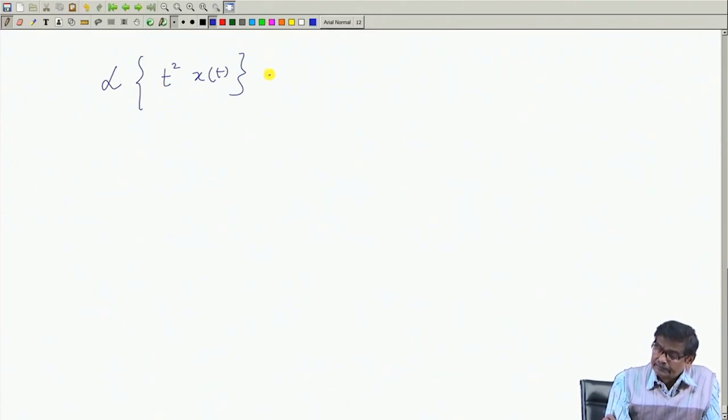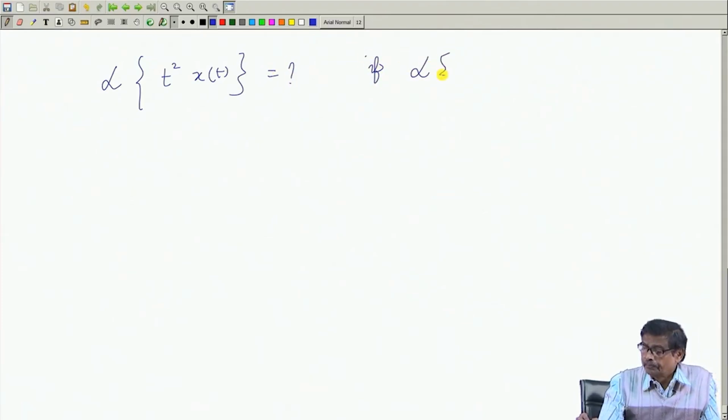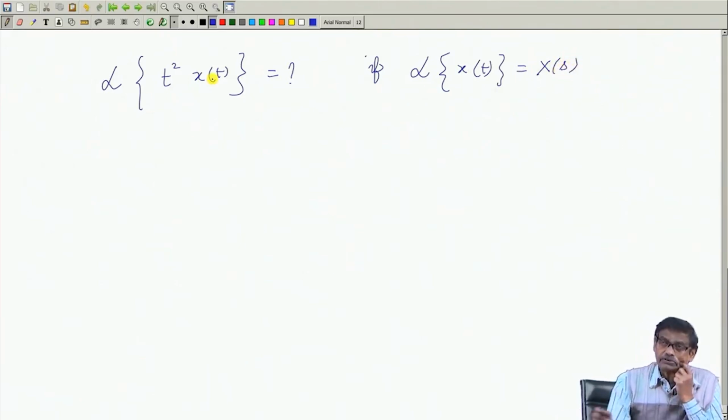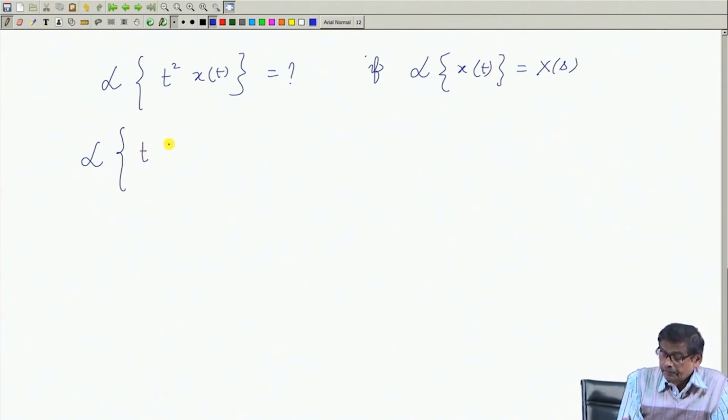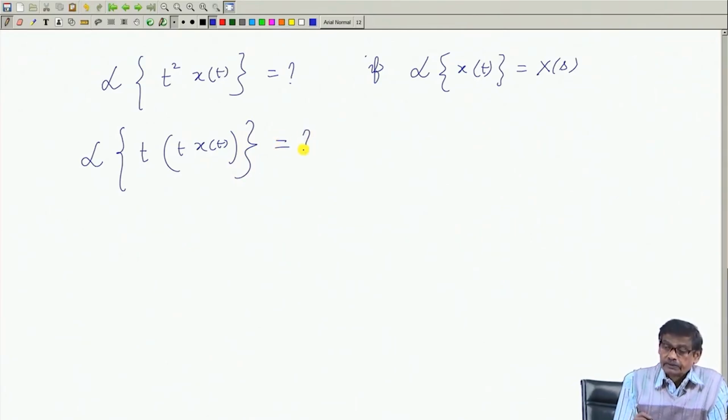If the Laplace transform of x(t) is equal to X(s), suppose this is known, then what should be the Laplace transform of t into t x(t)? You group these terms, and I have to find it out.